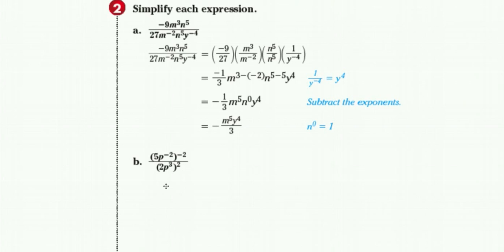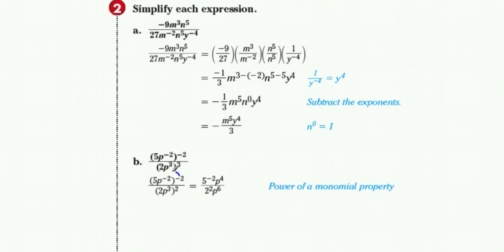Again, first things first, we copy the problem and then we break down the fraction. Before we break it up, I'm sorry, we need to use the power of a monomial property where you need to distribute negative 2.